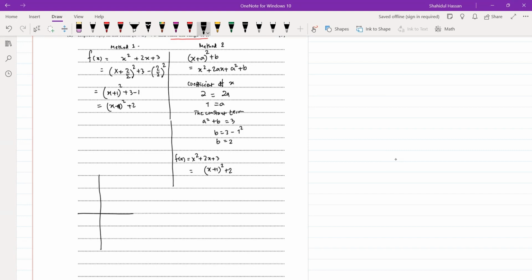If I want to sketch this graph, the graph will be shifted minus 1 on the x-axis and 2 units up on the y-axis. So this is where its turning point will be, and this is how the graph is going to look.